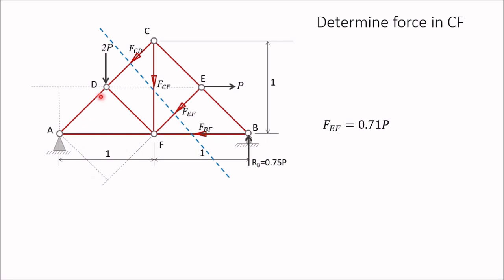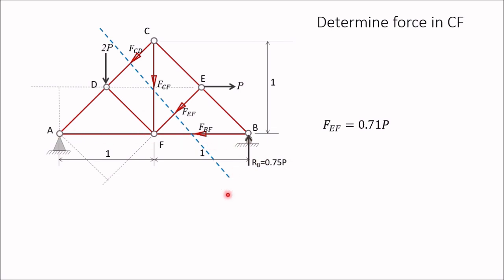So this length is nothing but DF, and DF is equal to cos 45. We have already determined these lengths are cos 45. So for FEF, the perpendicular distance is cos 45. And for P, extend this P and draw a perpendicular from A. So this length is the same as this length, equal to 0.5. And for 0.75 P, the perpendicular distance is 2.